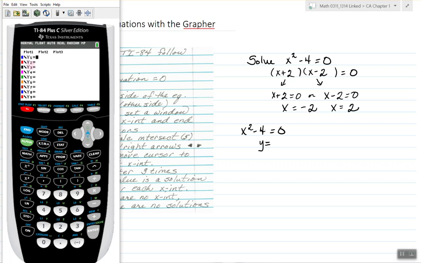You should have y1, y2, y3, and so on. I think you'll have down to y9 and then possibly one more, a y0. You should have some plots at the top, but don't worry about that right now. All right, so that's the y equals. My cursor is blinking there.